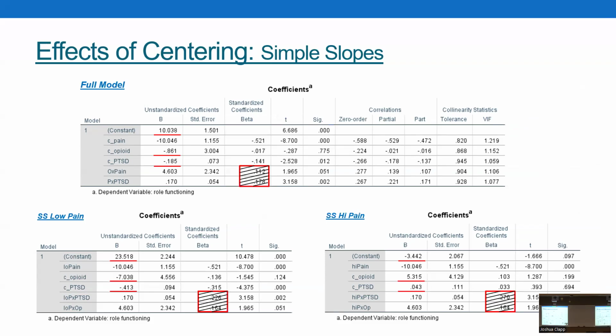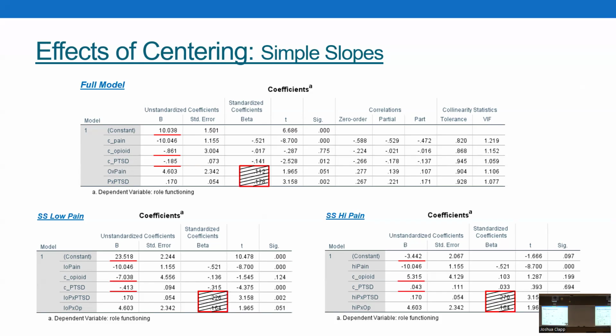Now the effect of centering on your simple slopes here. Okay. Here's your full model. Here's your constant, centered pain, centered OPU, centered PTSD. What you see is that your interaction term coefficients don't change at all. What you will see though are changes in your constant, changes in OPU, changes in PTSD, right?